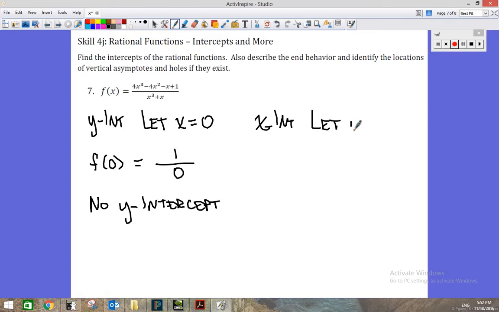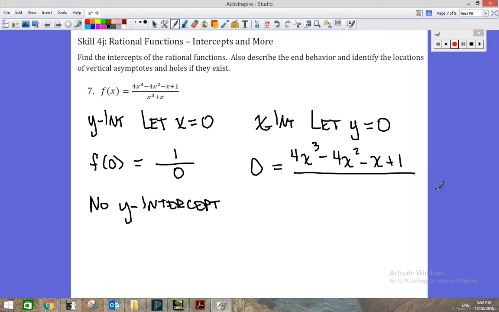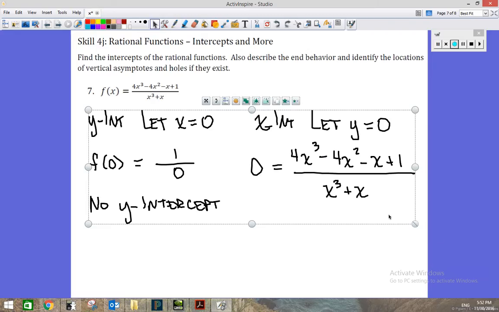Let's let y equal 0, the output of the function. If a fraction reduces to 0, it's going to be because of the numerator. But I've got to be careful that I don't call a hole an x-intercept. Let's factor this. The numerator there is 4 terms.